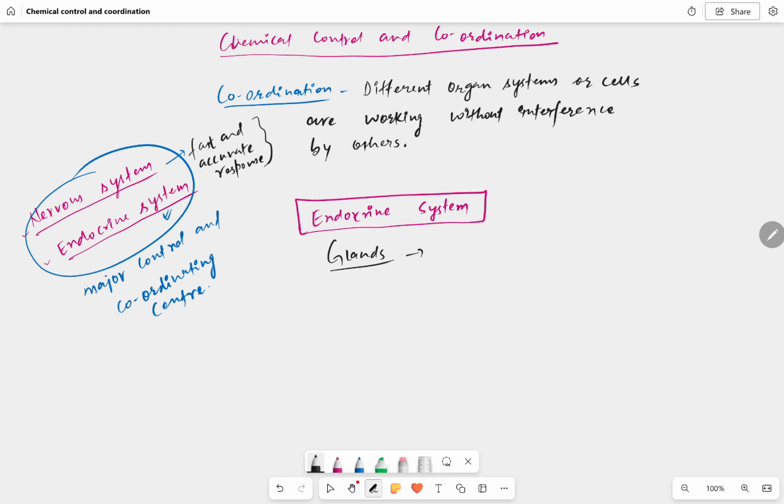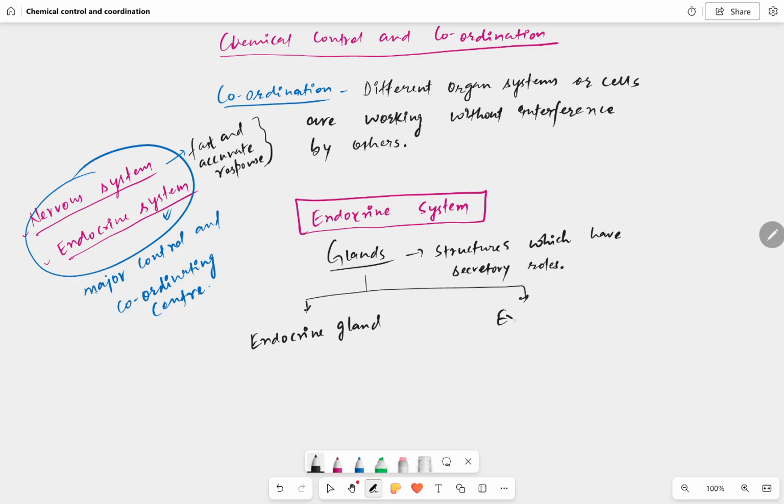You know from the tissue chapter, or wherever you have already learned about glands, that glands are structures which have secretory roles. These are called glands. These glands can be either endocrine glands or exocrine glands.